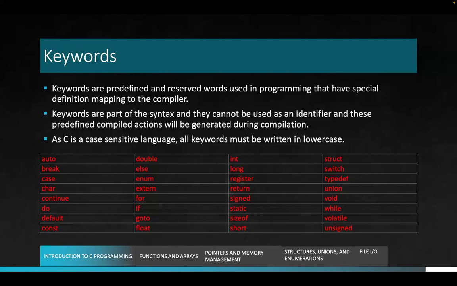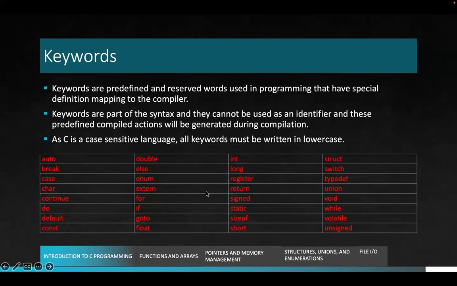In the standard instruction library, during the compilation process, this gets compiled with respect to predefined functions. As you know, C is a case-sensitive language. Keywords should always be written in lowercase letters, not in caps or a mix of caps and lowercase.